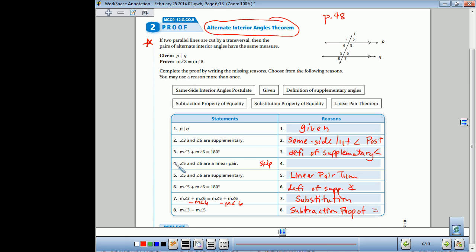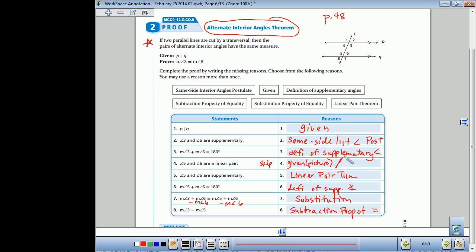All right, now this one. According to our text, they want to say this is given. But do y'all see it? No. They want to say it's given because of the picture. But in old school geometry, which you have an old school teacher, you can't say that. You have to have a reason.